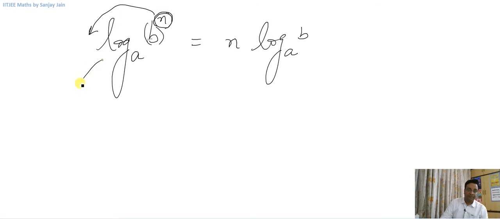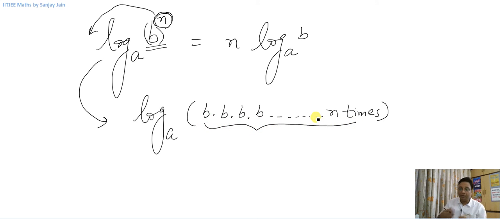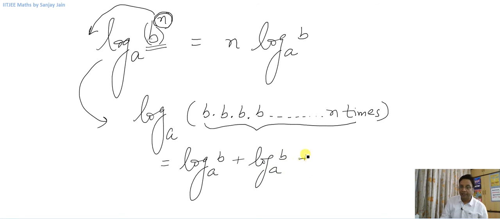How to think about it? Think about this expression. Log, the base is a and this is b raised to power n. So the argument basically is b into b into b into so on, n times, right? So the argument is written in product form here. The rule that we just studied will convert it into summation form, that is log b to the base a plus log b to the base a plus log b to the base a, and how many times?